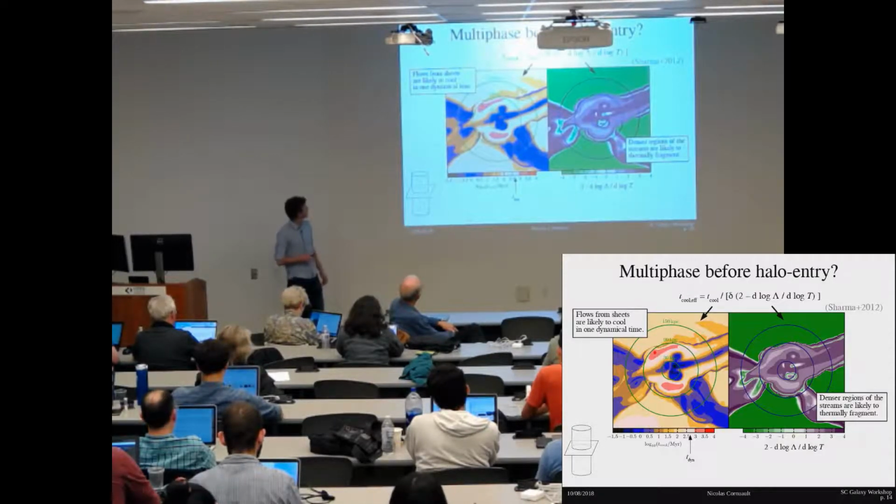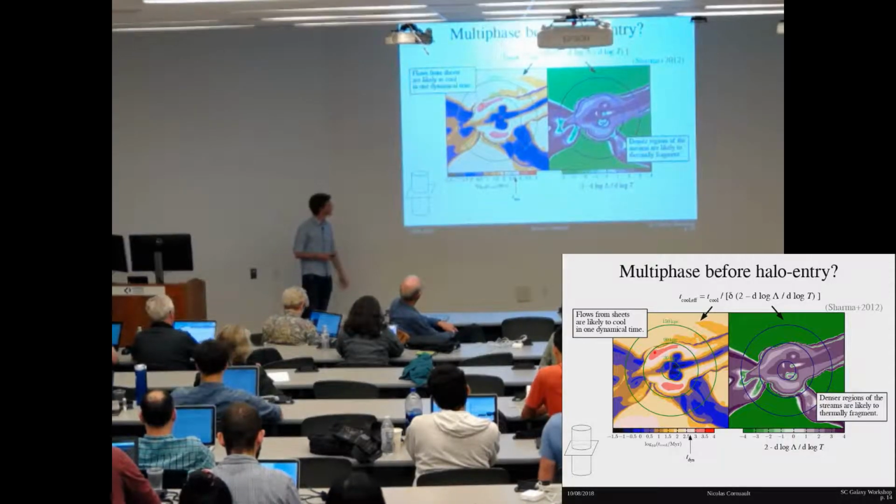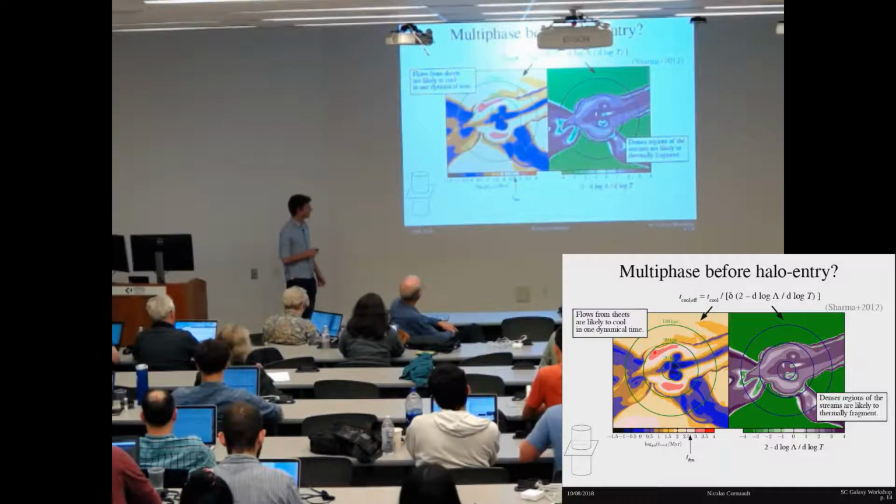Then I wanted to show you, without entering into the detail of the cooling, the effective cooling time, which measures a kind of thermal instability time. It's the product of the cooling time that we know and another quantity depending on the cooling function.